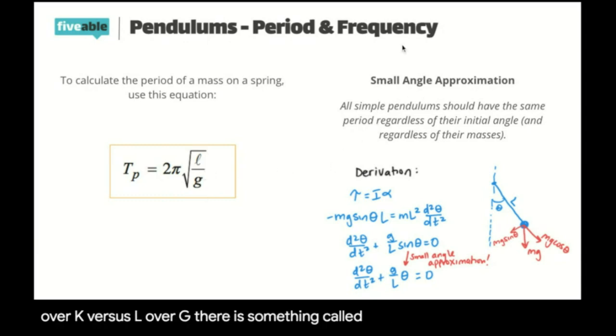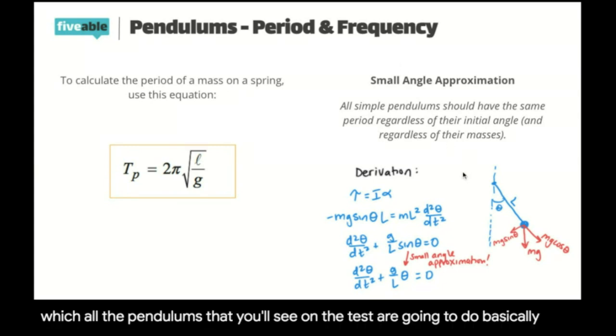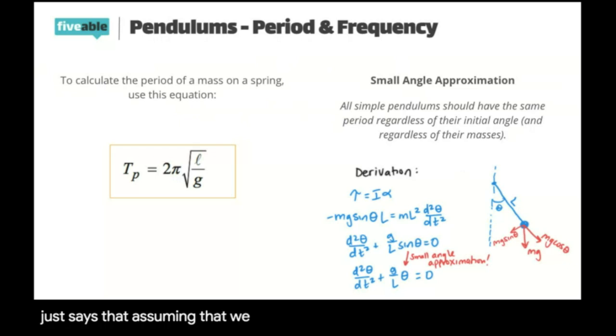There is something called the small angle approximation, which all the pendulums that you'll see on the test are going to use. Basically, it says that assuming we don't pull that pendulum to too big of an angle, I think it's like 20 degrees maybe, they are going to have the same period regardless of how far of an angle you release them from. There's a derivation for how to get it here.